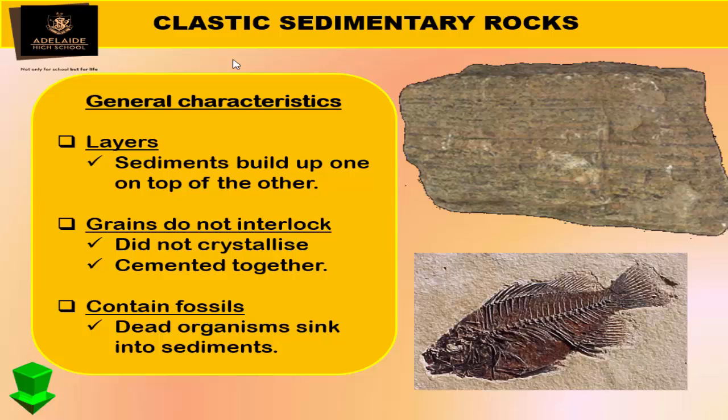Whereas for the sedimentary rocks, they do not interlock. And why do they not interlock here? Let's have a look. Let's just say this is our rock, right? And we know that sediments are loose rock particles. The rock particles that you see would definitely be separated from one another. But question here, guys, why are these not interlocked? That is because in the middle here, we have what we call natural cement.